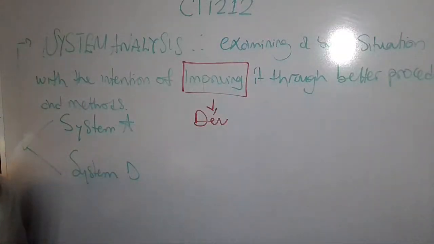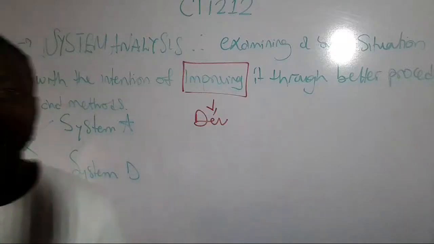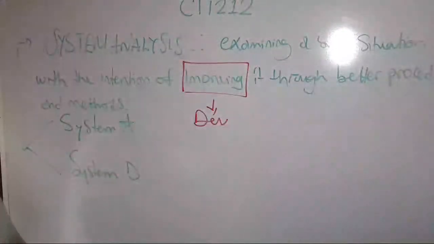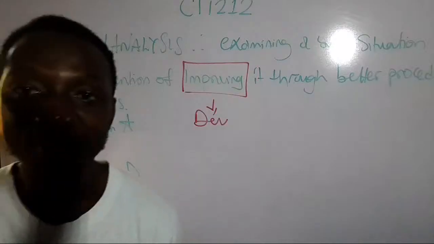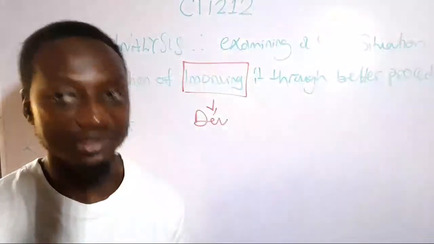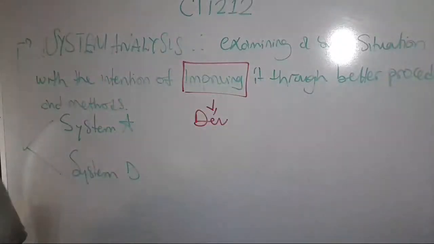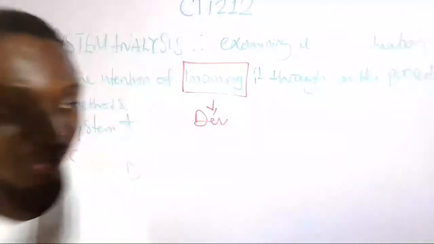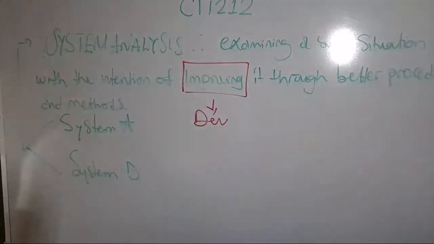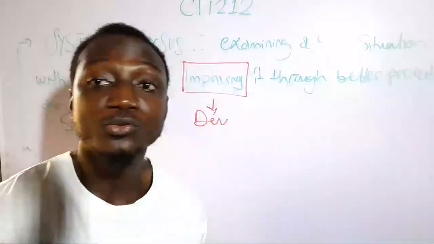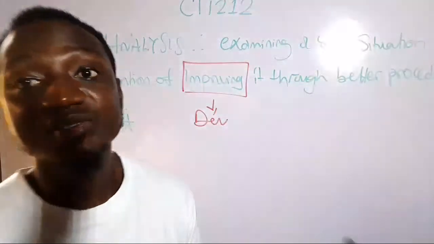Are we good? You only need to analyze a system if you have the intention of improving it. What other intention can you have? That you want to improve or degrade? But who wants to degrade a system?